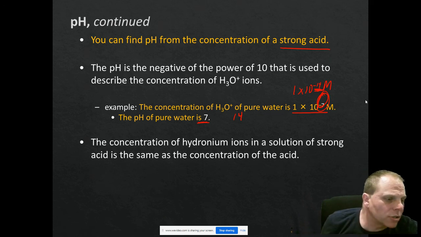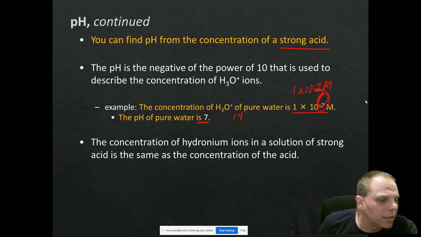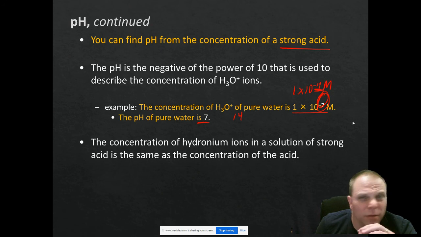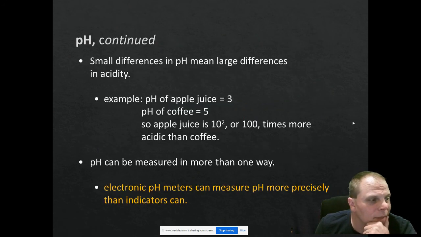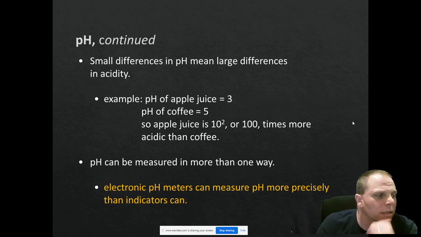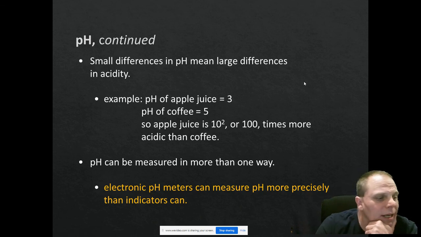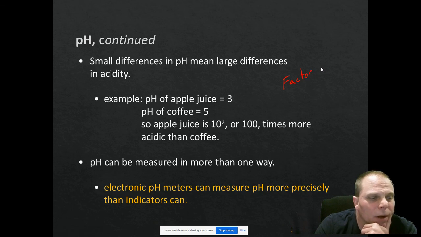Anyway, so the concentration of hydronium ions in a solution of strong acid is the same as the concentration of the acid. So when we talk about concentration of hydronium ions, you can correlate that with the concentration of the acid. All right, a couple other things that we want to finish off with here. Remember that small differences in pH are large differences in acidity. It's a factor of 10. Every time we change our pH by 1, we're changing by a factor of 10.